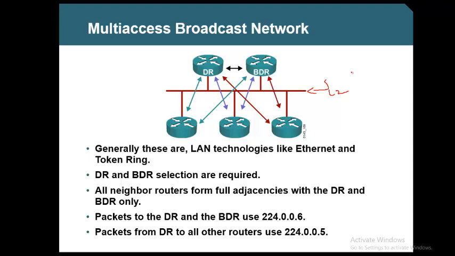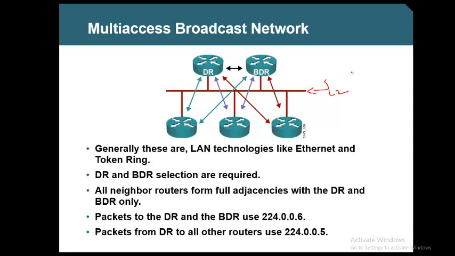So OSPF will conduct the DR-BDR election, and there will be one DR and one BDR selected. So there is going to be a designated router and a backup designated router.